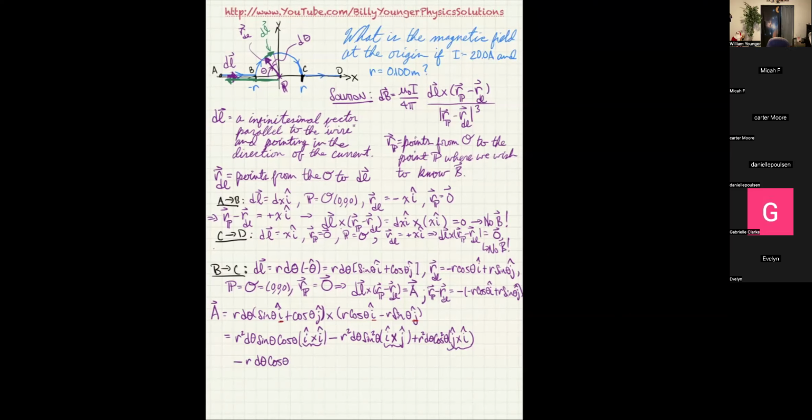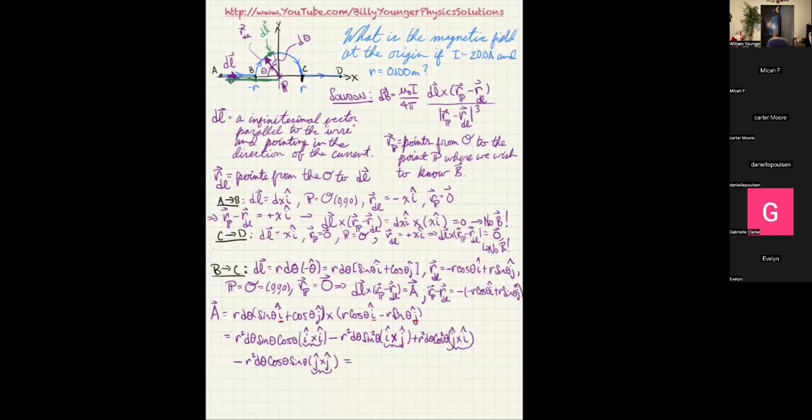And now I'm also going to realize that the r d theta cosine theta is being multiplied by r. So that makes that r squared times sine theta. So that makes that cosine theta sine theta. And then times j hat cross j hat.